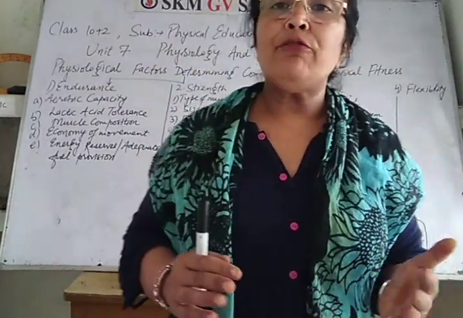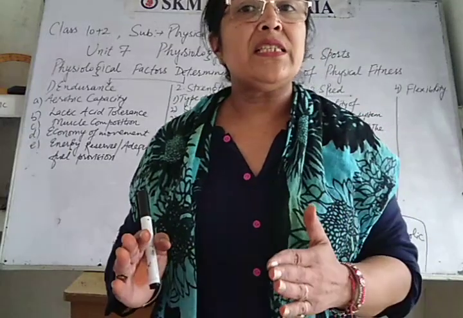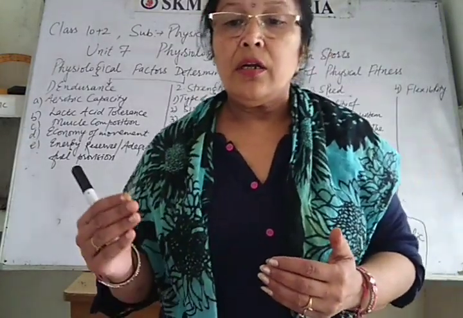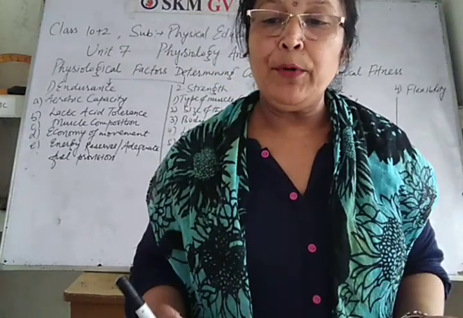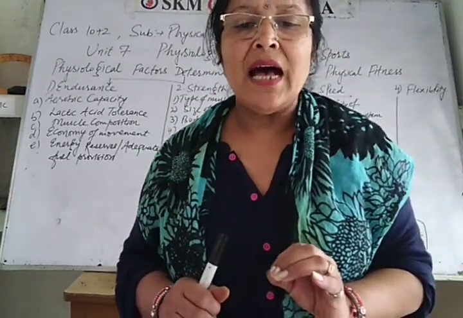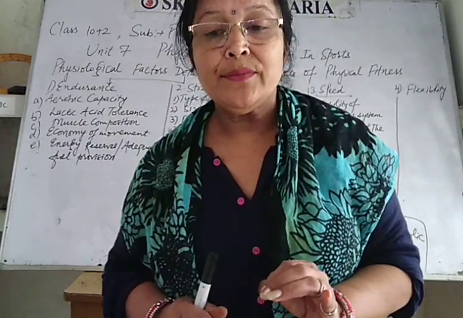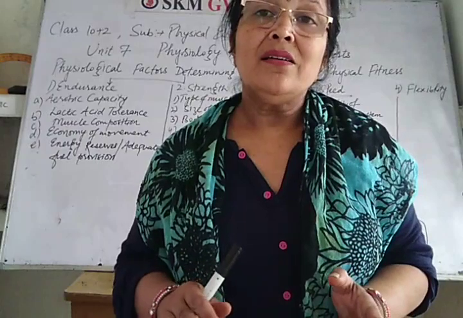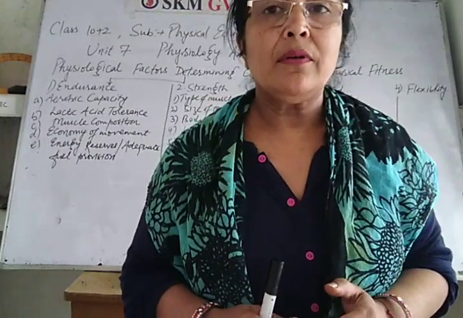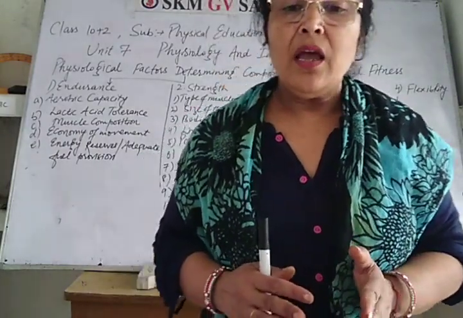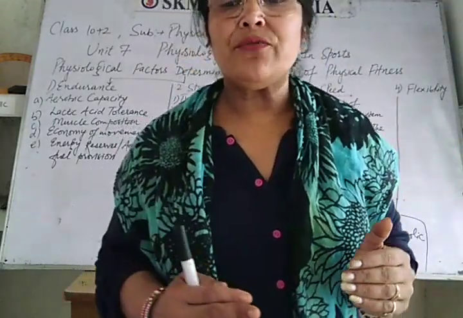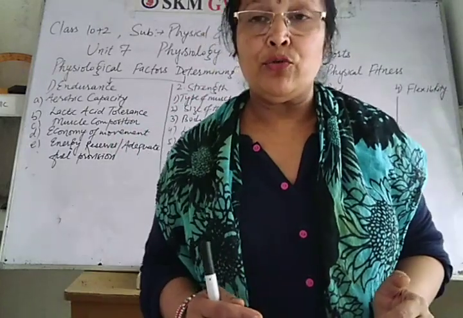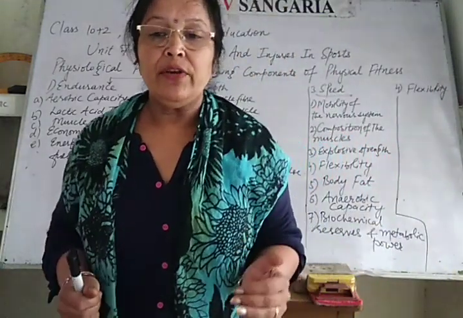Fast twitch type muscle is of 2 types, fast twitch type 1 and fast twitch type 2. Fast twitch fibers are much better at generating short bursts of strength or speed than slow twitch fiber muscles. Thus, the greater the percentage of fast twitch muscle fibers, the faster the individual.